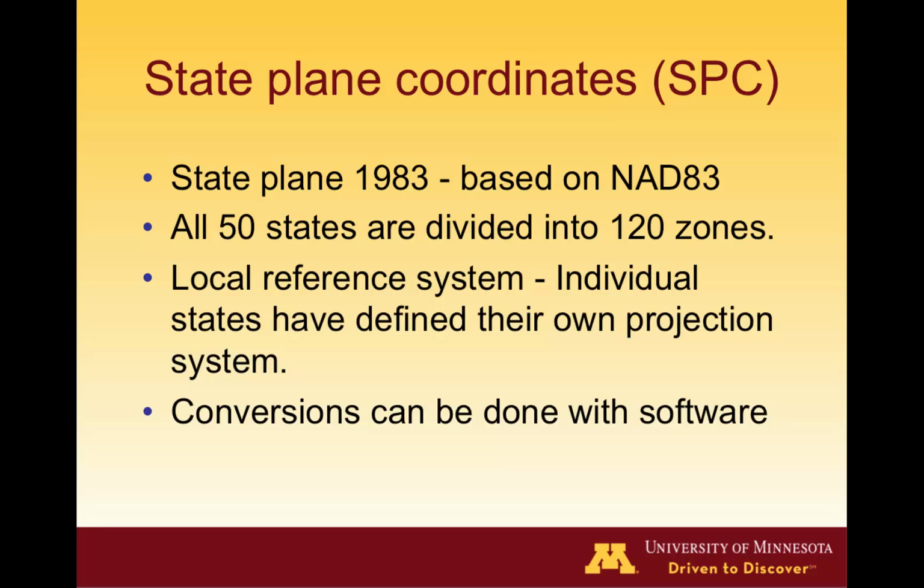Individual states have defined their own projection system instead of using a universal projection system. So the conversions can be done with software if you want to convert and get a uniform projection system for the whole United States. You have software to do this work.